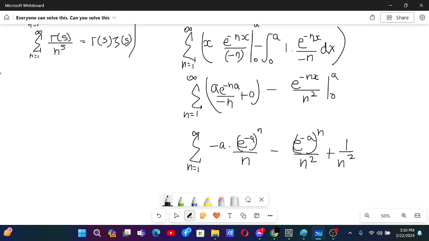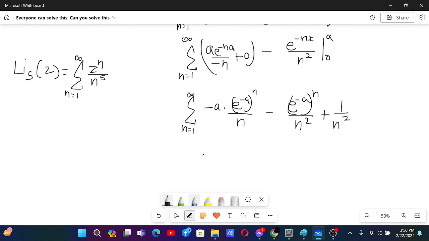Now you might know that Li s of g is actually sum from n equals 1 to infinity g to the power n by n to the power s. So we will use that, and that gives us n equals 1 to infinity.